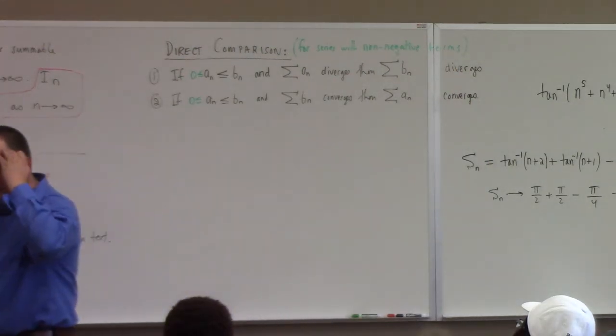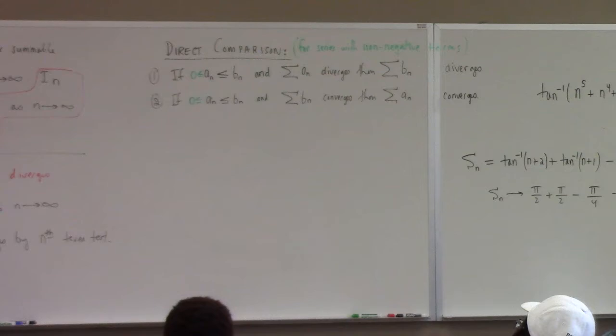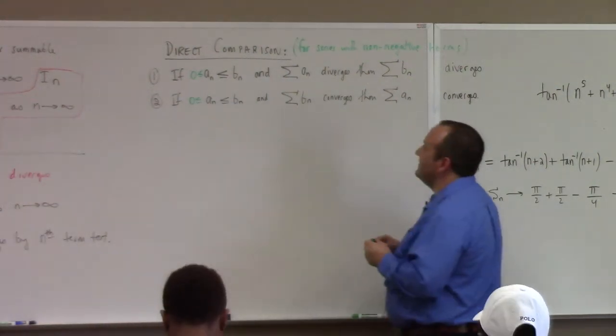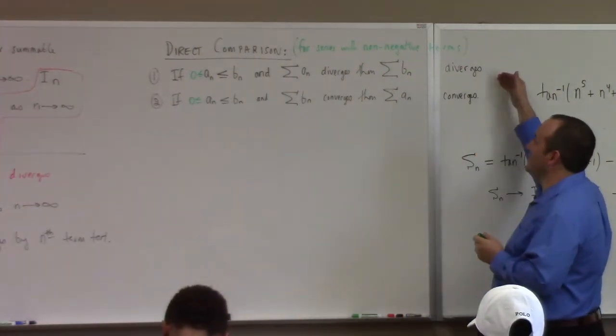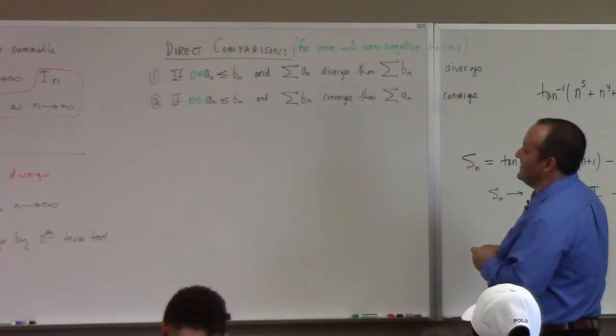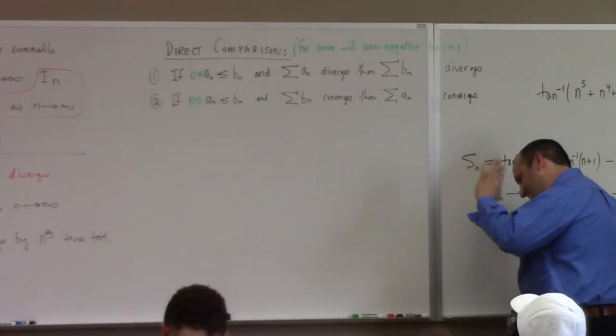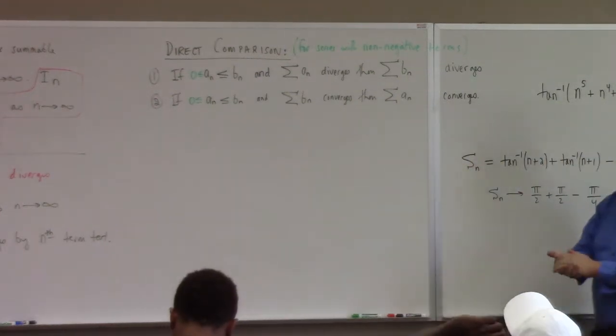All of our thinking was based on 0, not allowing them to escape below. It could be that it converges to 0 in this case if it was a negative series or something. But anyway, so that's the direct comparison test.